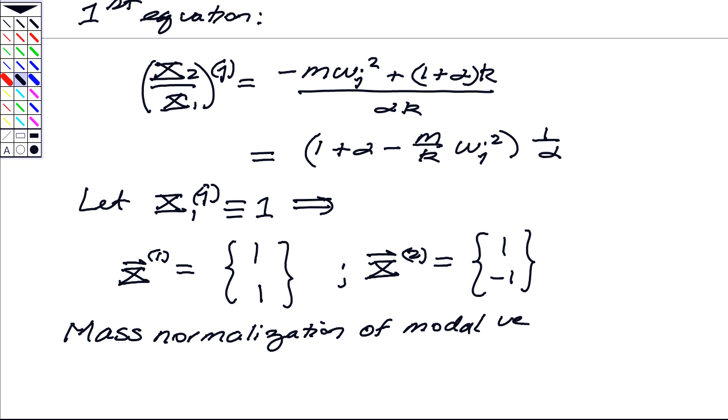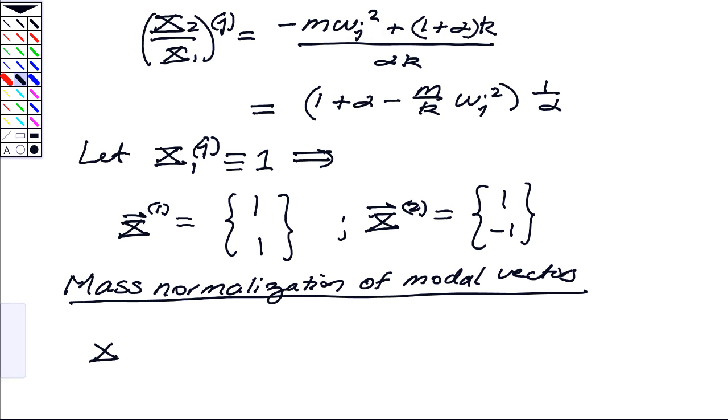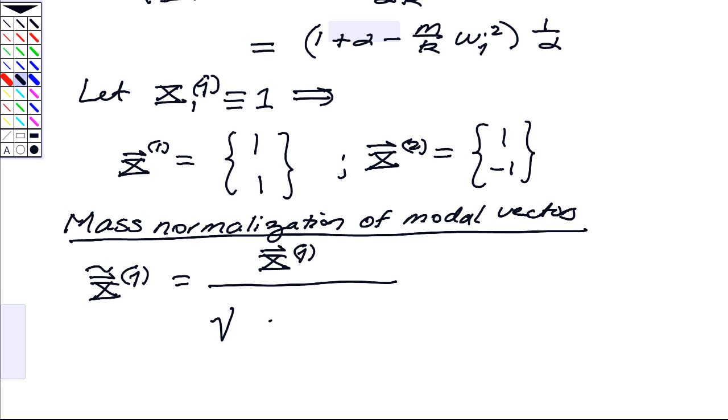So the mass normalization, that's done, of course, as we've done before, by taking the modal vectors that we've already found and dividing by the square root of that corresponding modal vector transposed and post-multiplied by the same modal vector, with that square root like that.